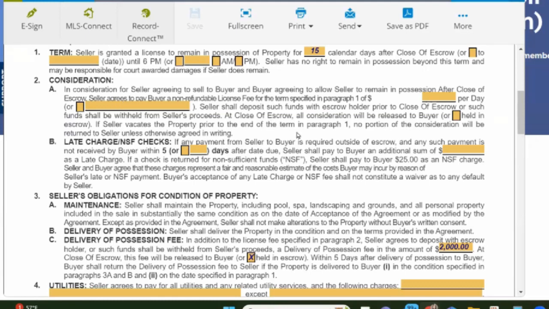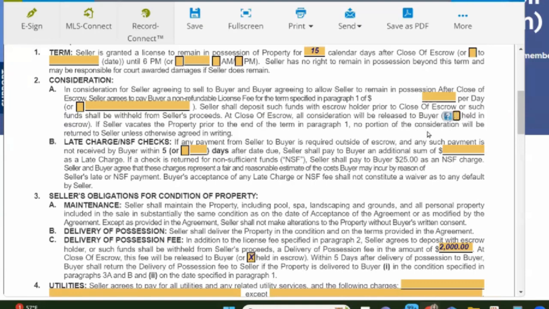And then that money will usually come out of the proceeds from the escrow, so the seller's proceeds. I would mark this box to have it be held in escrow. Let me see here. Seller shall deposit such funds with escrow holder prior to close of escrow, or funds shall be withheld from seller's proceeds. At close of escrow, all consideration would go.